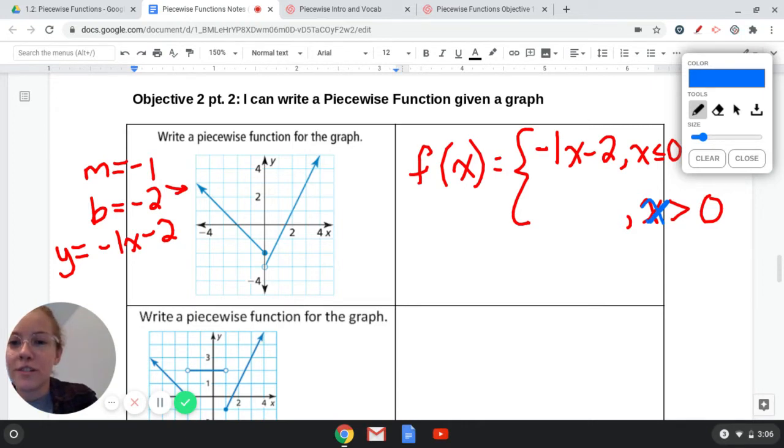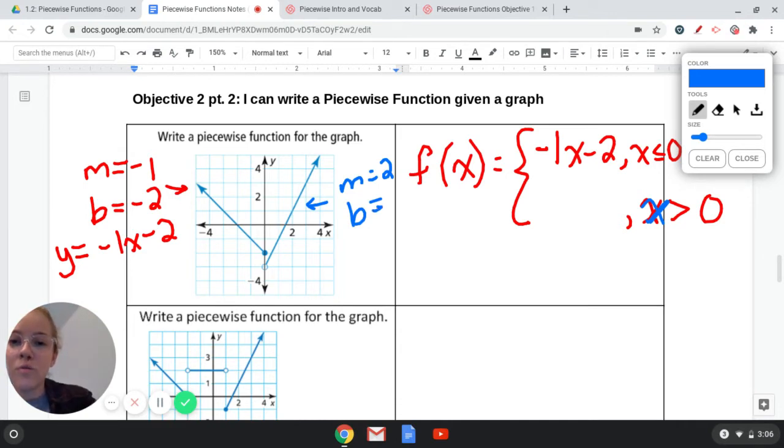Okay, now this function right here, what's the slope? All right, pick 2 points. We go up 1, 2 over 1, up 1, 2 over 1, up 1, 2 over 1. So the slope is 2 over 1, which you can simplify to 2. Where is our y-intercept?